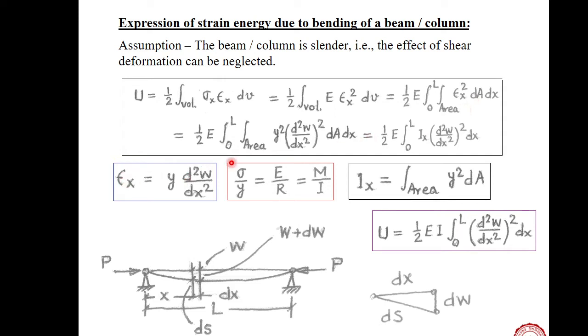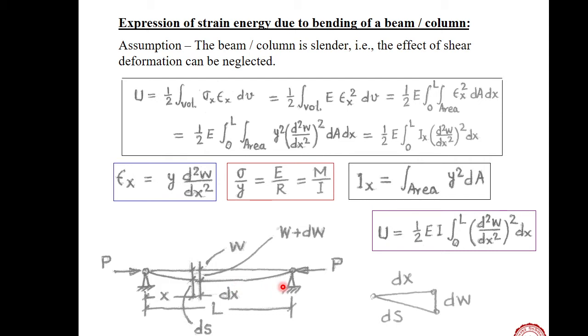Yes, sir. Now if we consider this part, y square dA, area integral of that, what is it? Area moment of inertia, y square dA. Now if the cross section is varying, this area moment of inertia is also varying, it becomes a function of x. It is possible, it is not that it's a case of constant one.